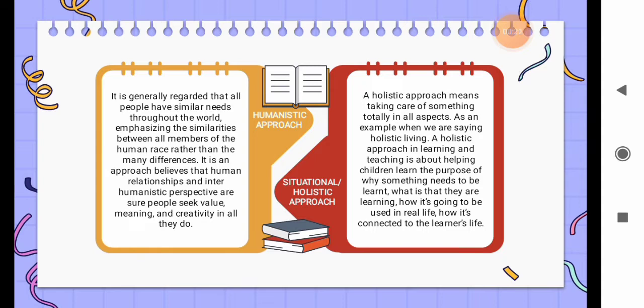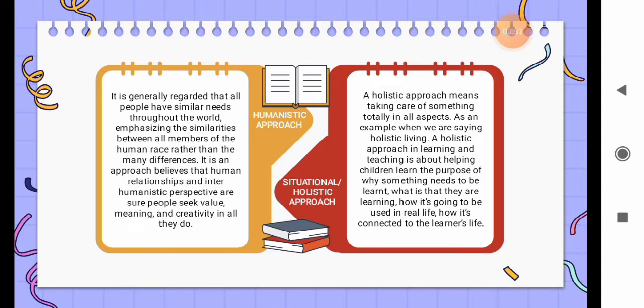It is an approach that believes human relationships and interaction are important, that people seek value, meaning, and creativity in all they do. It is understood that people's actions are of paramount importance.